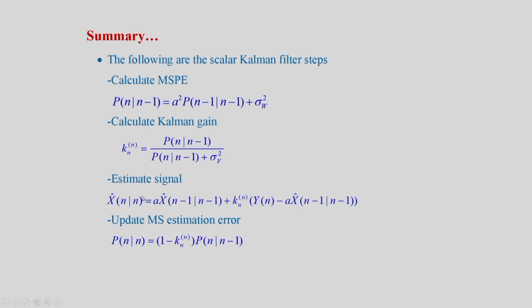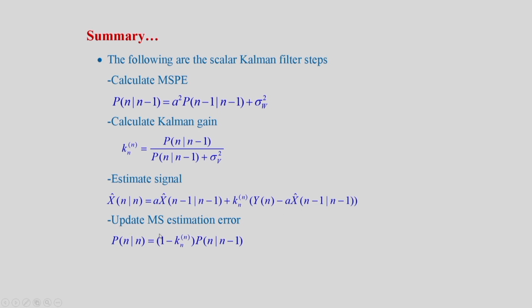Now, we will estimate the signal x hat at n given n, equal to A times x hat at n minus 1 given n minus 1 plus K n times y n minus A times x hat at n minus 1 given n minus 1. So, this is the Kalman recursion.